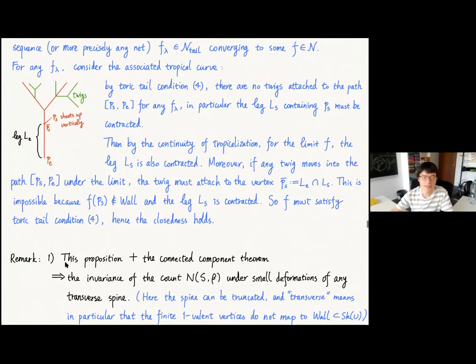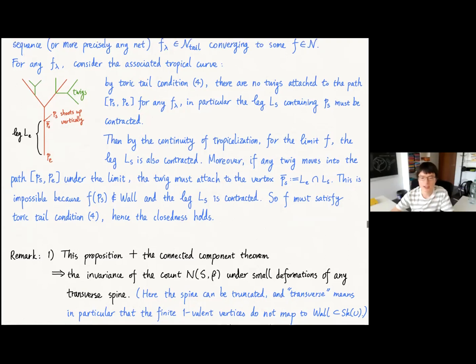And this proposition plus the connected component theorem implies the invariance of the count n_s,beta under small deformations of any transverse spine. Here, the spine can be truncated, and transverse means in particular that the finite one-valent vertices do not map to the wall.